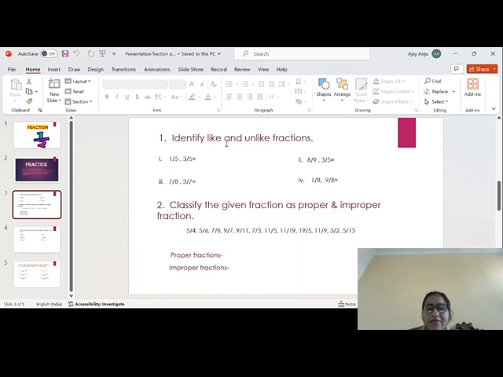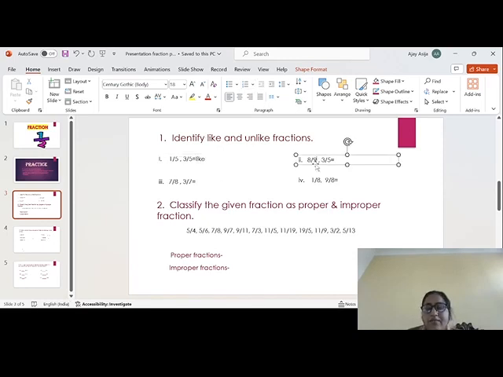So what are like fractions? Like fractions are those fractions which have the same denominator, and unlike fractions are those fractions which have different denominators. So in the first part we have the same denominator in both the fractions, as 5. So these are like fractions.